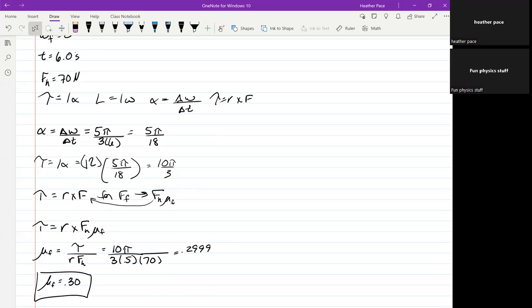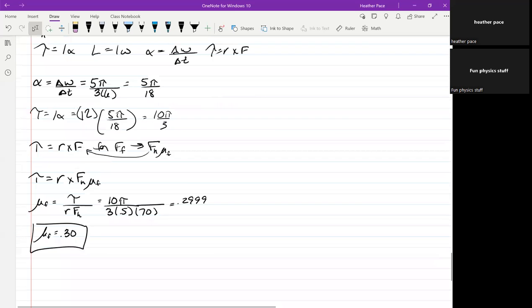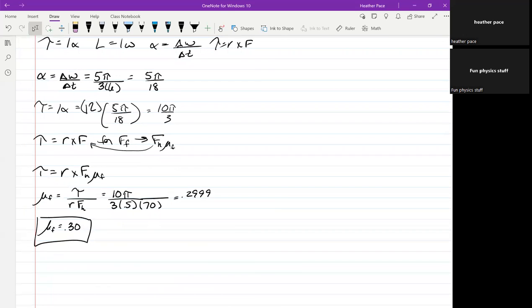So we can insert into R cross F: the F is the F of the hand, which we were given, times the mu that we're trying to find. So we end up with tau equals R F H mu. We're going to rearrange this to solve for mu, and we get mu equals tau over R F H.